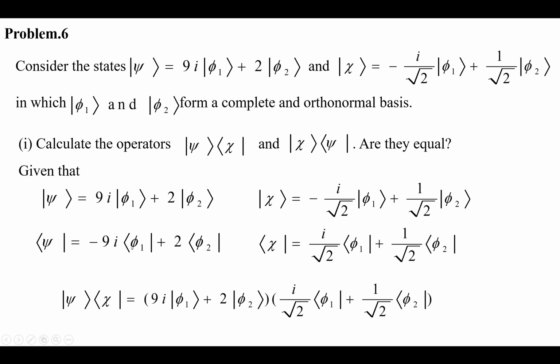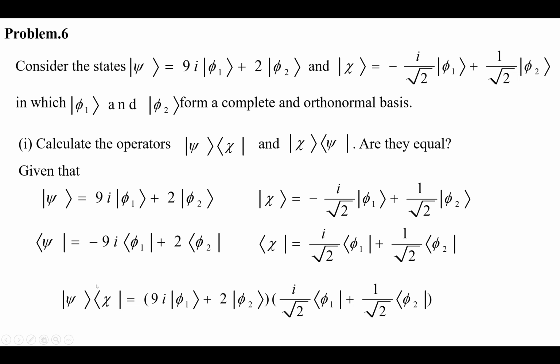That will give you minus i bra phi 1 plus 2 bra phi 2, and your ket chi equals minus i by root 2 phi 1 plus 1 by root 2 phi 2, and just take the complex conjugate of it, that will give you bra chi, which is equal to i by root 2 phi 1 plus 1 by root 2 phi 2.